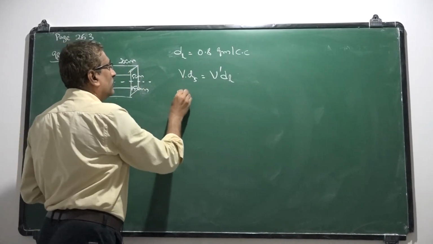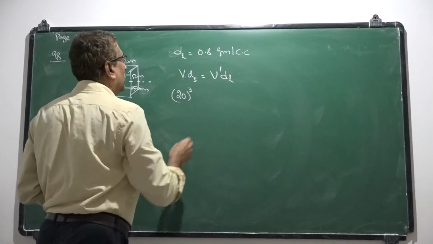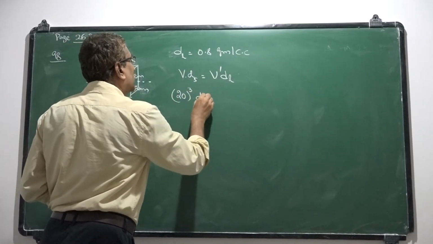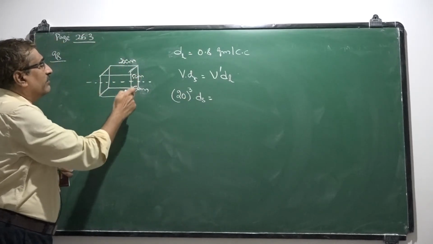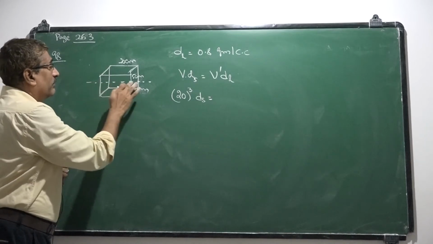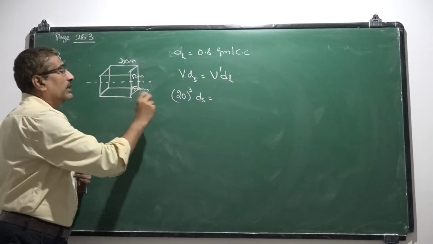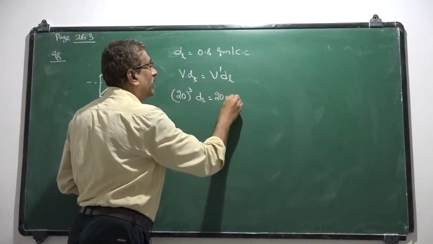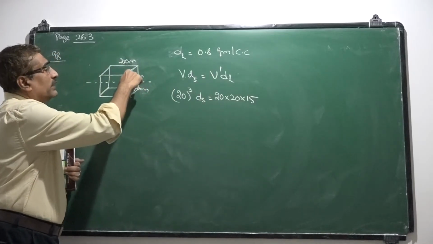Volume of the cube is 20 whole cube into density of the solid is equal to volume of the solid inside the liquid. Because inside the liquid, this is 20, this is 20 and this is 15. So you can write 20, 20 into 15, because 5 centimeter is outside the liquid.